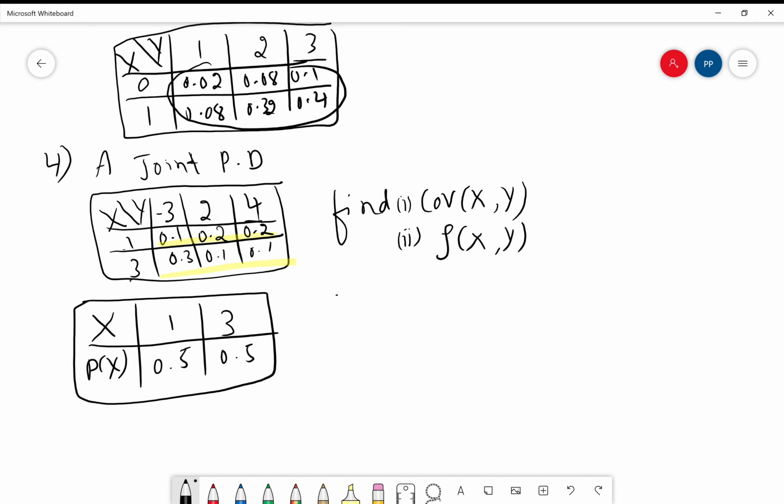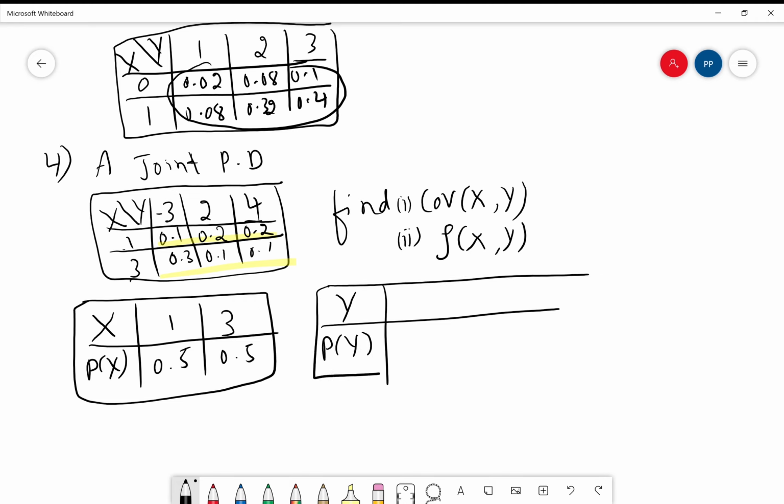Now the marginal distribution corresponding to y, p of y: the values of y are -3, remember, one is a negative value, you have to be careful, 2 and 4. This clearly shows that the x and y values need not take continuous integer values. In fact, one of the values is negative here.